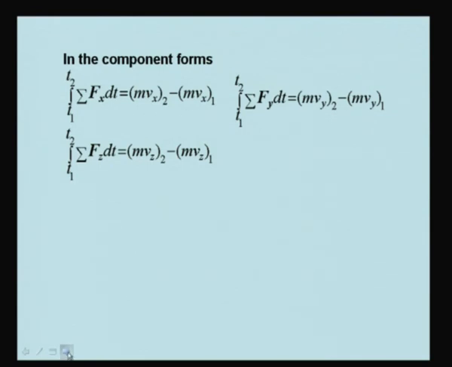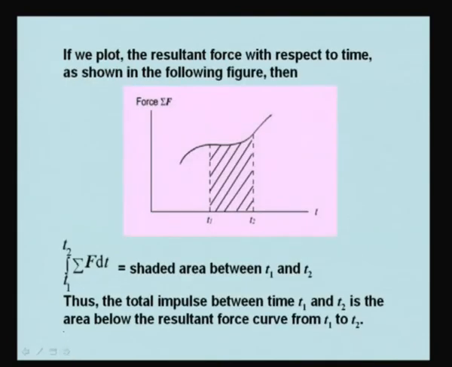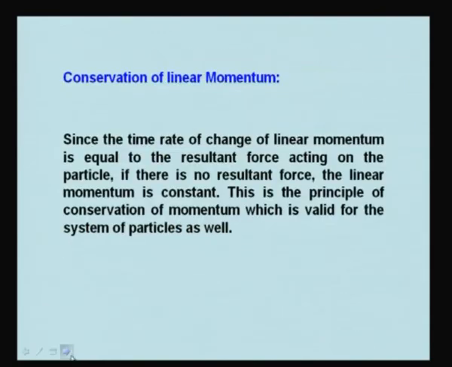Like that we can calculate the final momentum. Thus the total impulse between time t1 and t2 is the area below the resultant force curve from t1 to t2. Total impulse is a vector quantity.